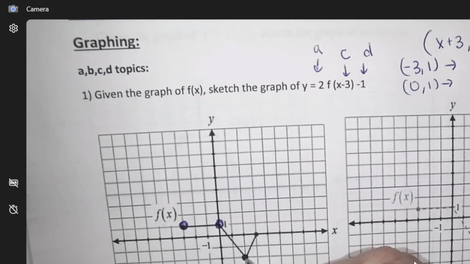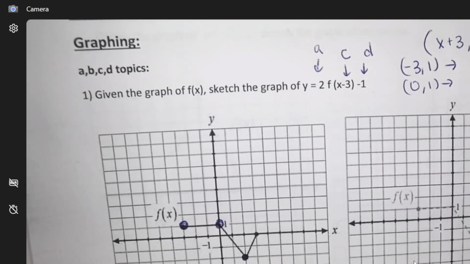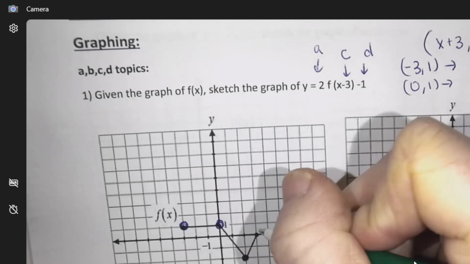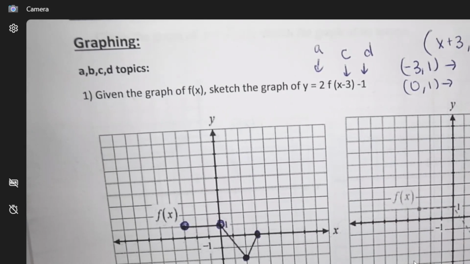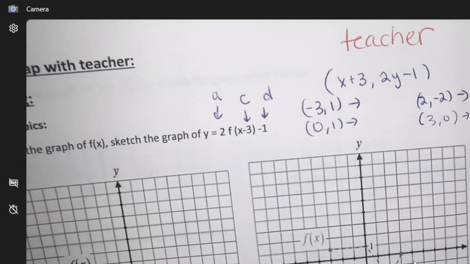I'll grab this little bottom coordinate, 2, negative 2. And I'm going to grab the last one, which is 3, 0. Okay, they all have to go through.